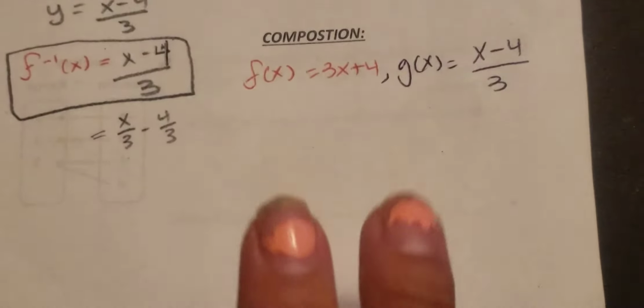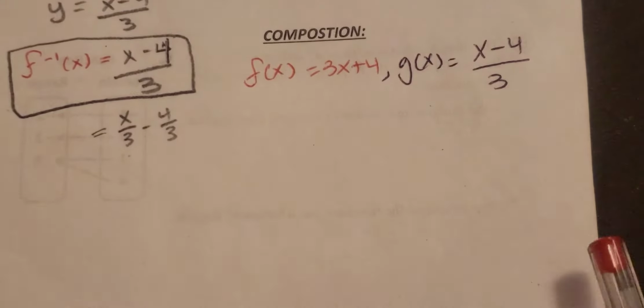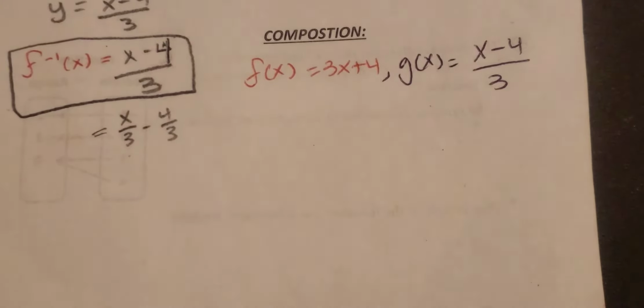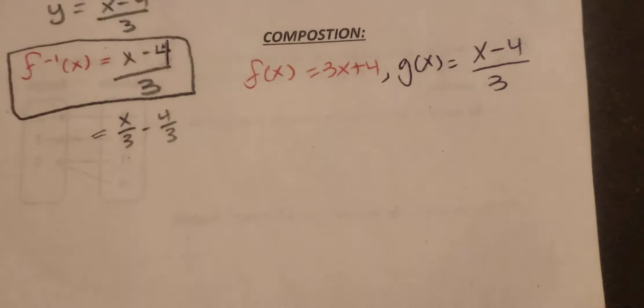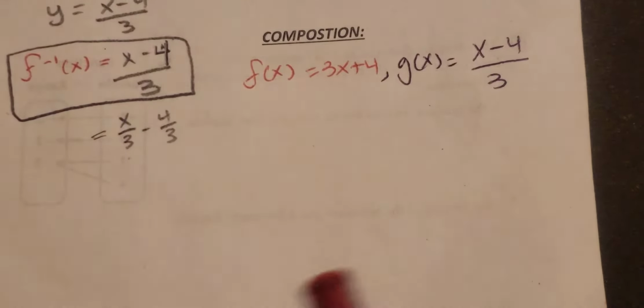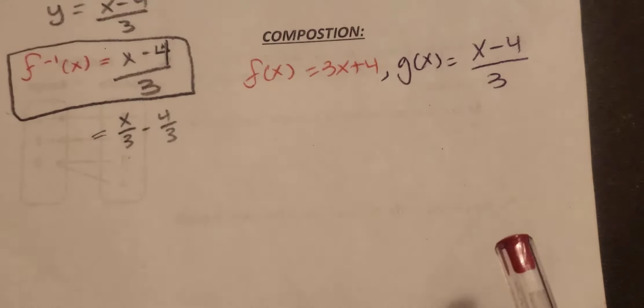There are two types of compositions. You can either do f of g of x or g of f of x. I will show you both, but when we ask you to do composition, you don't have to do both. You just do either one. If they are true inverses, everything should cancel out and you're just left with x.